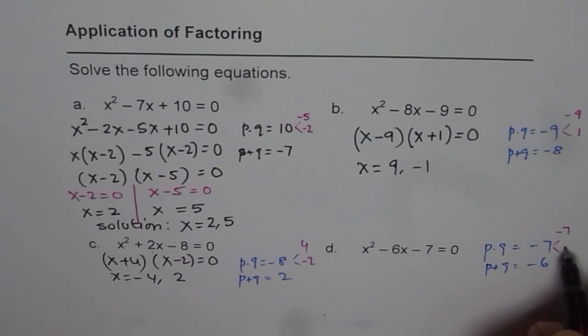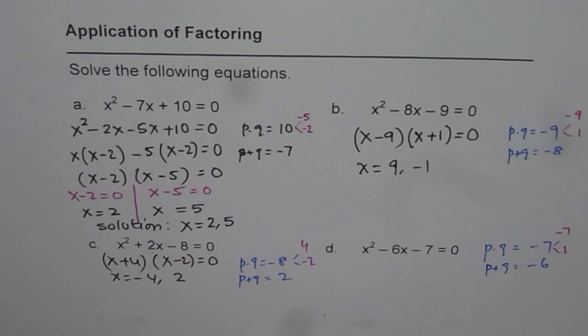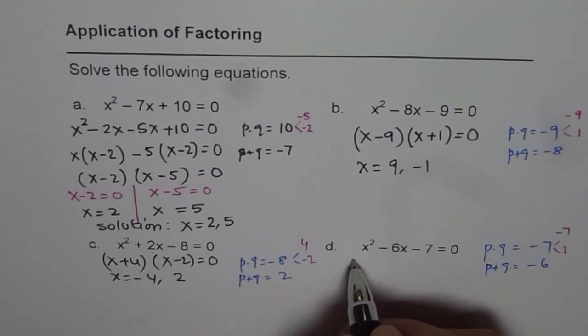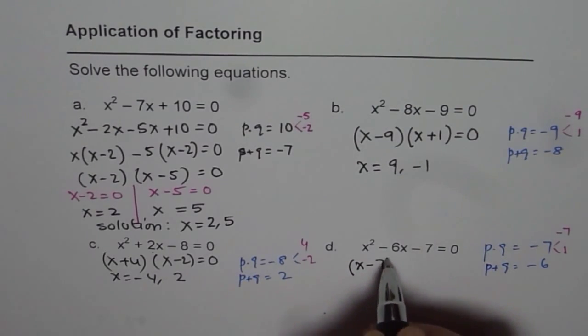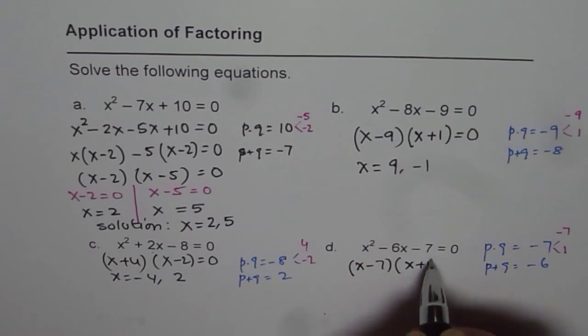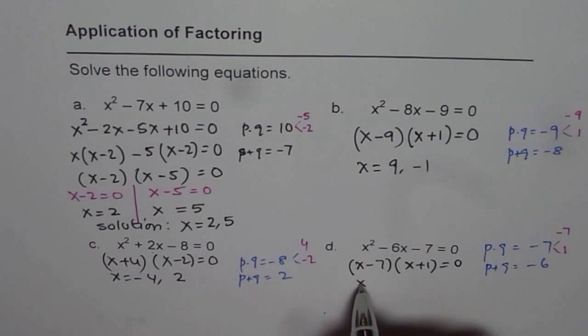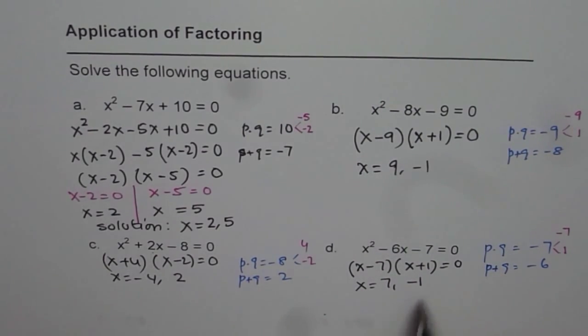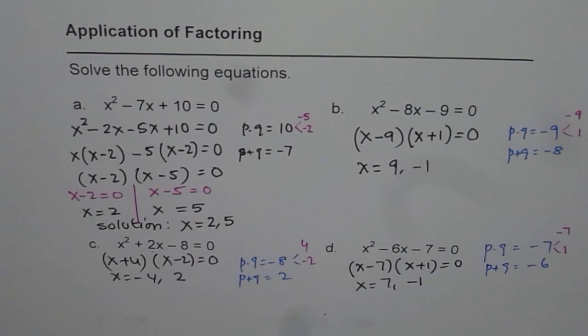So minus 7 times 1, and so we can write this in the factored form, which is x minus 7 times x plus 1 equals 0. The solution is x equals 7, whatever makes it 0. 7 will make 7 minus 7 is 0, right? And minus 1, you see that? So these are the two solutions, opposite signs, correct? That is how you get the solution for an equation using factoring.